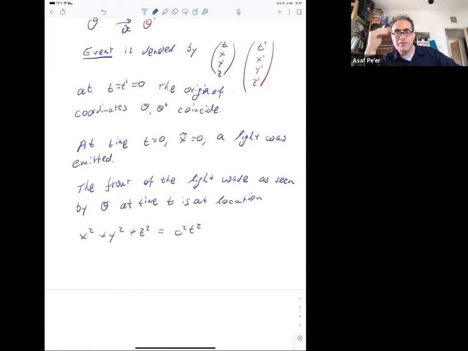Right? Light travels at the speed of light. I didn't say anything surprising.